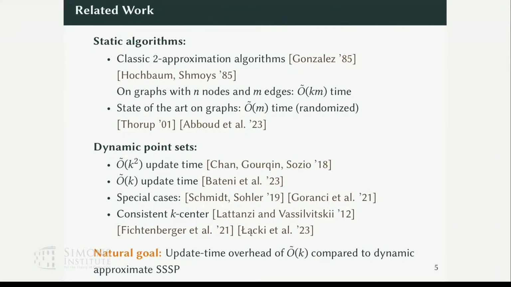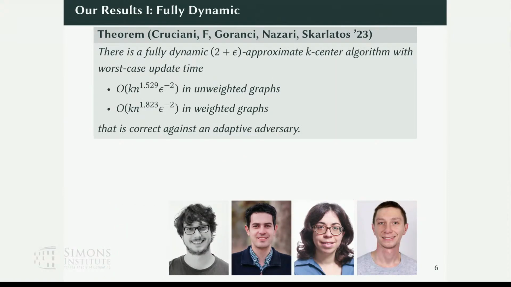And somehow I set it up in such a way that I can give you the good news, and that's exactly what we get. The first thing is we have a fully dynamic algorithm that gives a 2 plus epsilon approximation to that problem. And it has either this update time or this update time: k times n^1.529 or k times n^1.823, depending on whether you're in an unweighted or weighted graph.